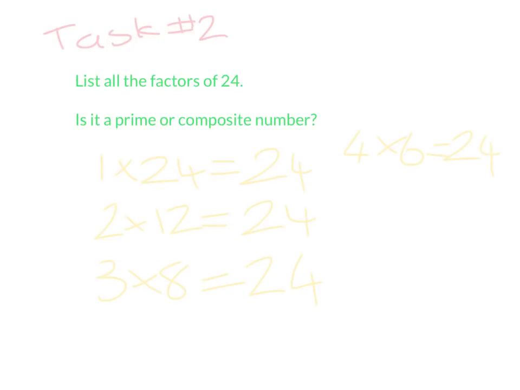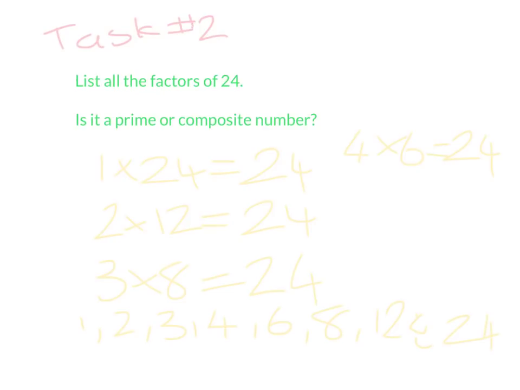So these are all the factors of 24. I would list them all out: 24 has 8 factors. There's 1, 2, 3, 4, 6, 8, 12, and 24.